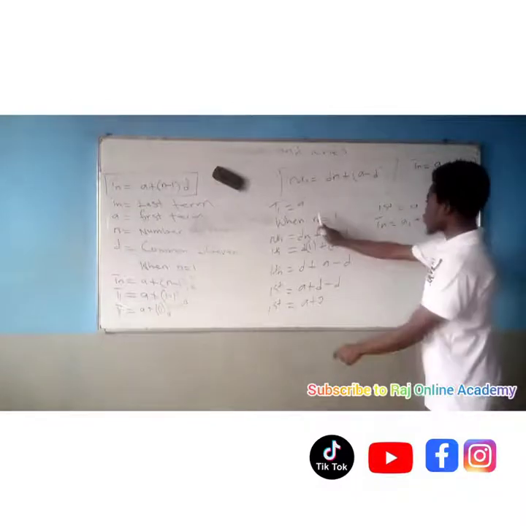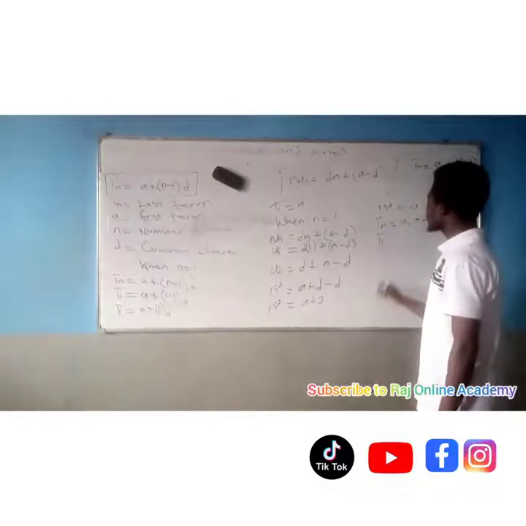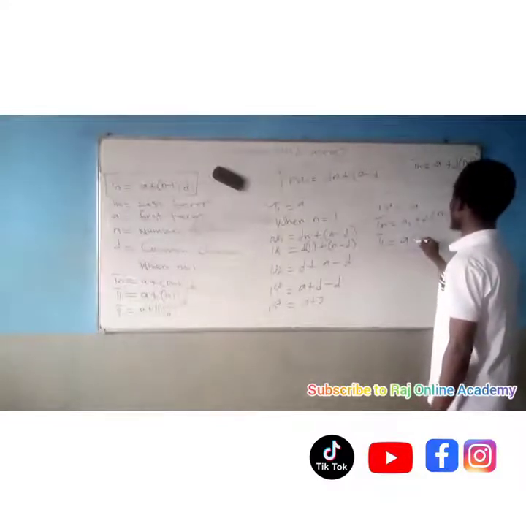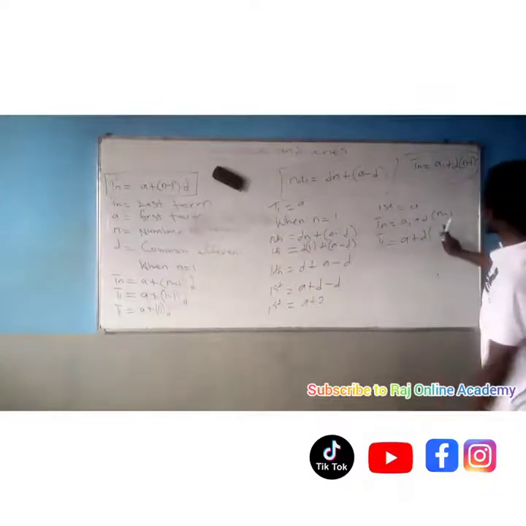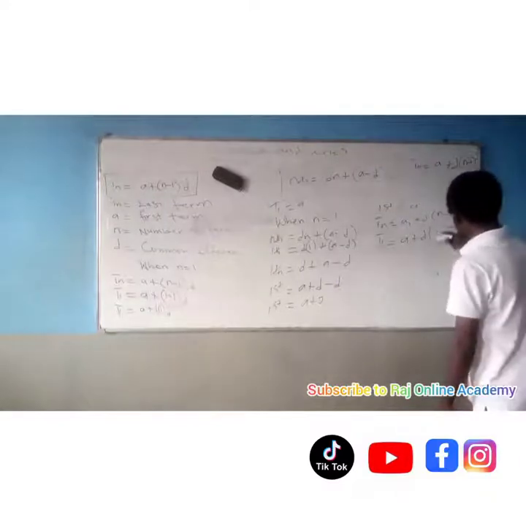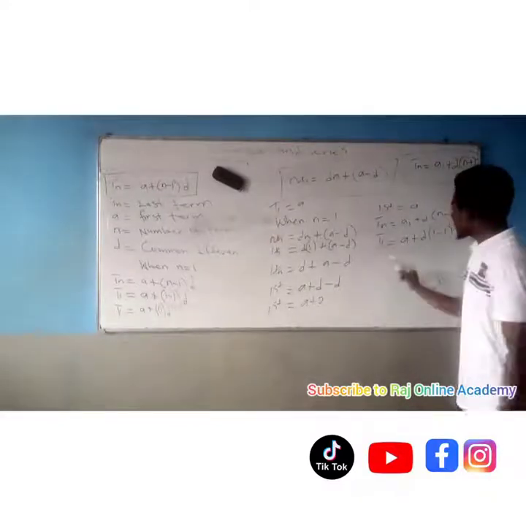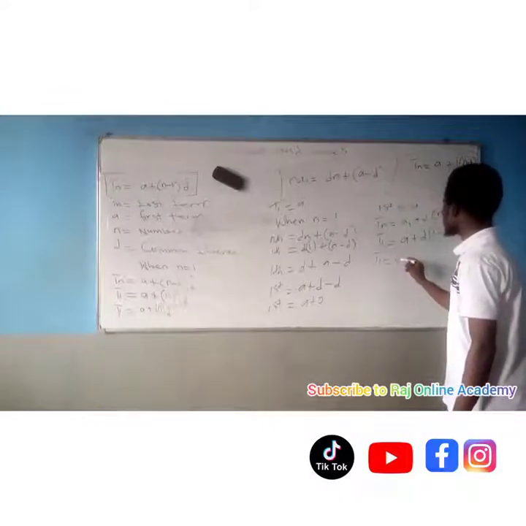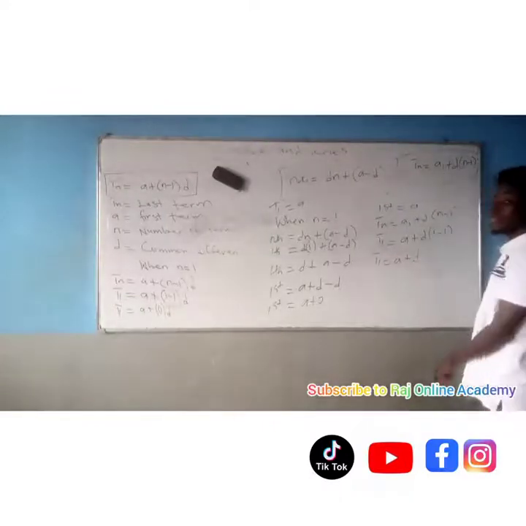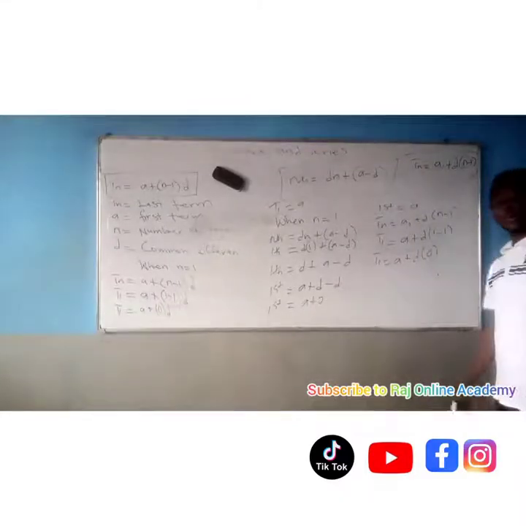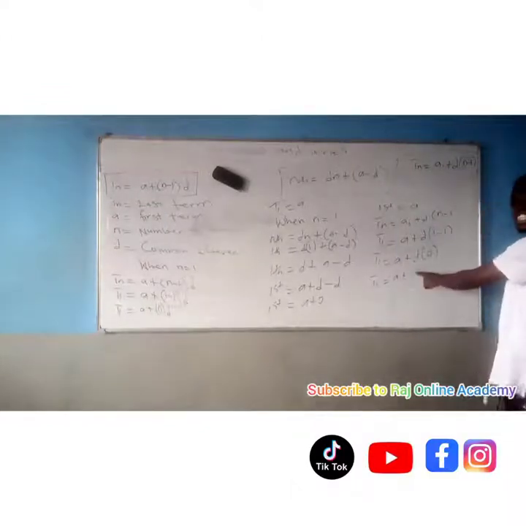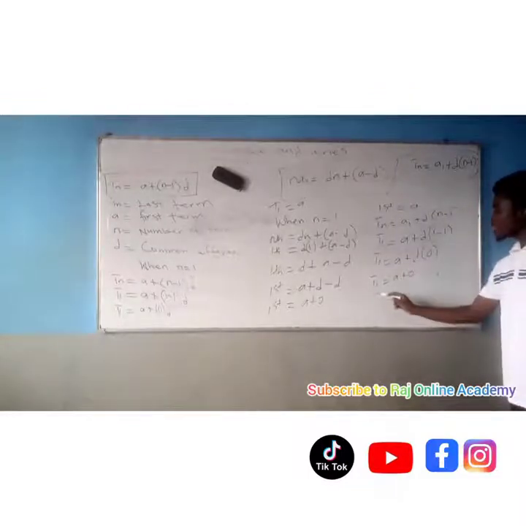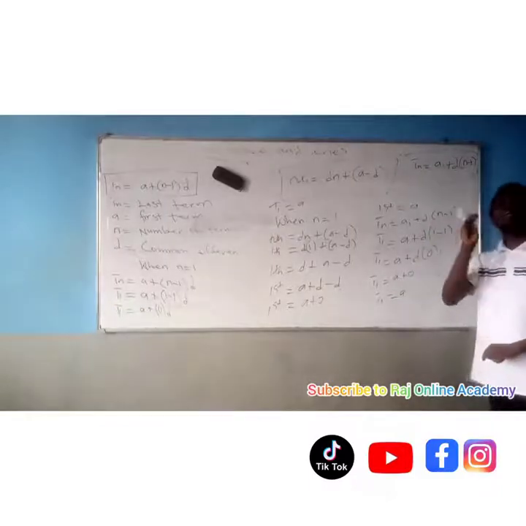When n is equal to 1, T1 is equal to A plus D into 1 minus 1. 1 minus 1 is 0, and D times 0 is 0. So T1 is equal to A plus 0, which is A. Irrespective of the formula that we use, we are going to have the same answer.